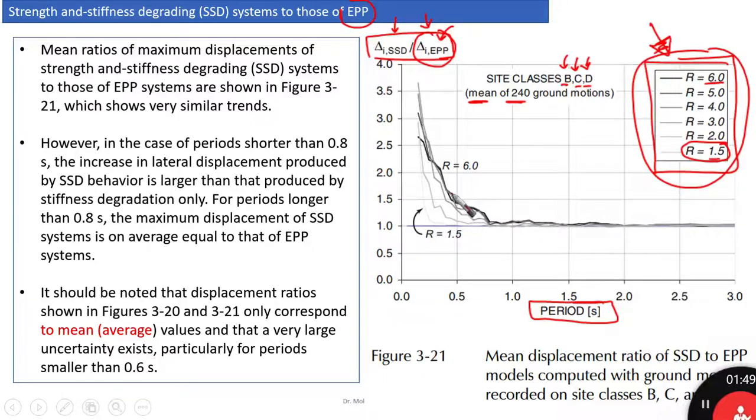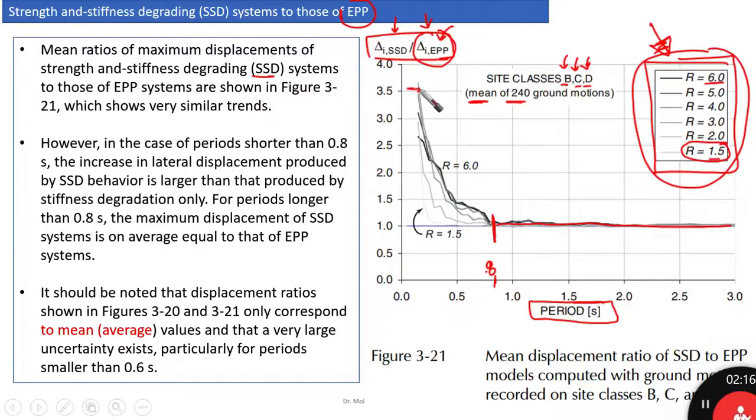As you can see from the graph, the mean ratios of maximum displacement of strength and stiffness degrading systems to those of EPP systems are shown for different systems. Until we reach almost 0.8, here it is almost 1. However, before that, there are big differences.